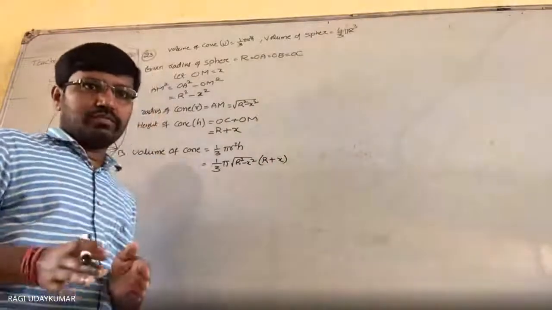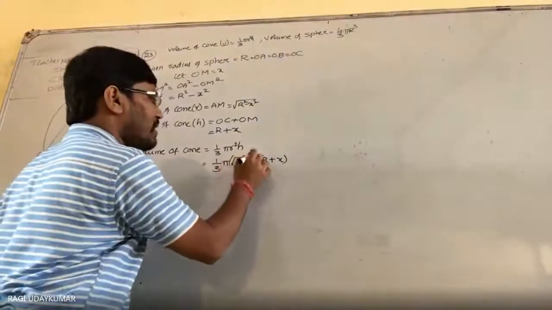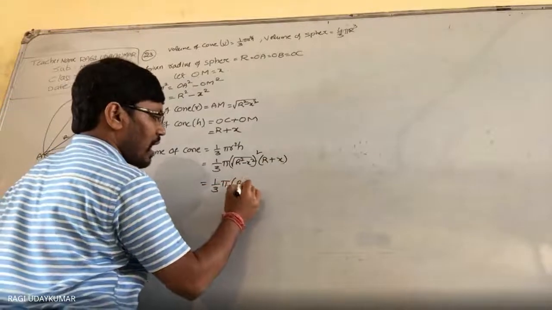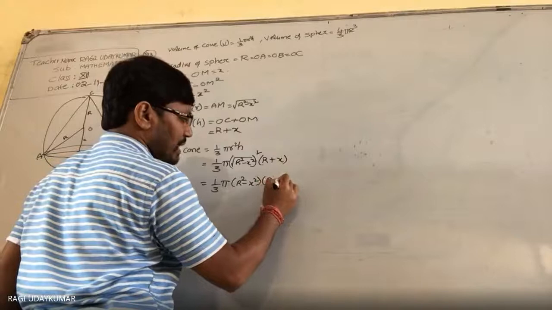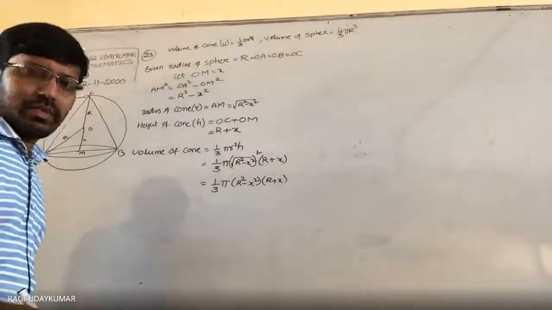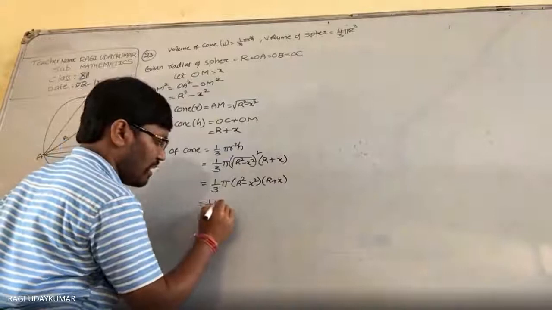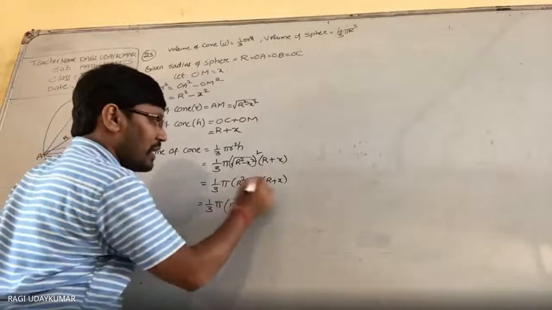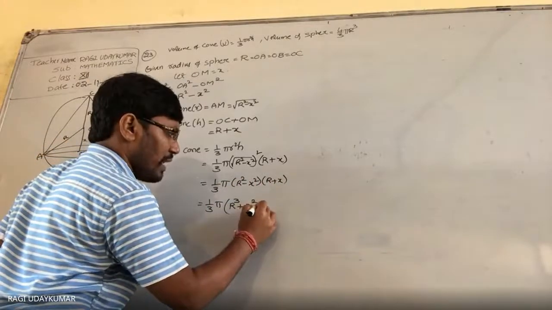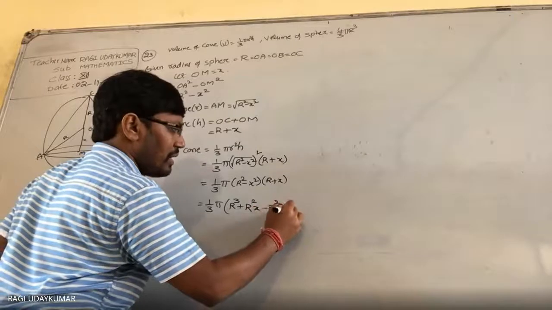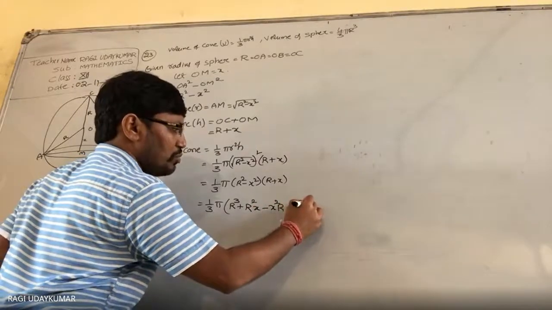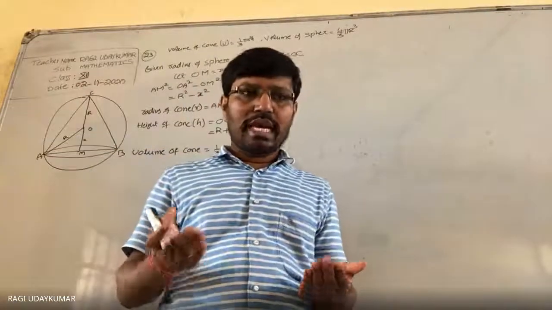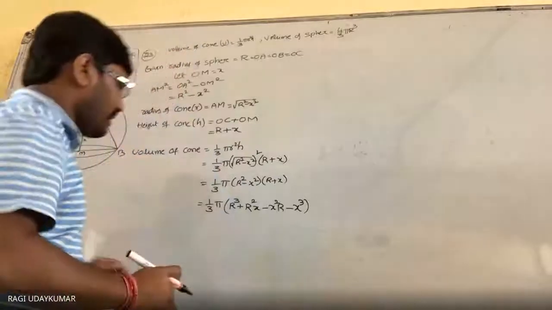So the volume is 1 by 3 pi times capital R square minus x square into capital R plus x. Multiplying this out: 1 by 3 pi times R cube plus R square x minus x square R minus x cube. Because we need to do this by differentiating with respect to x.